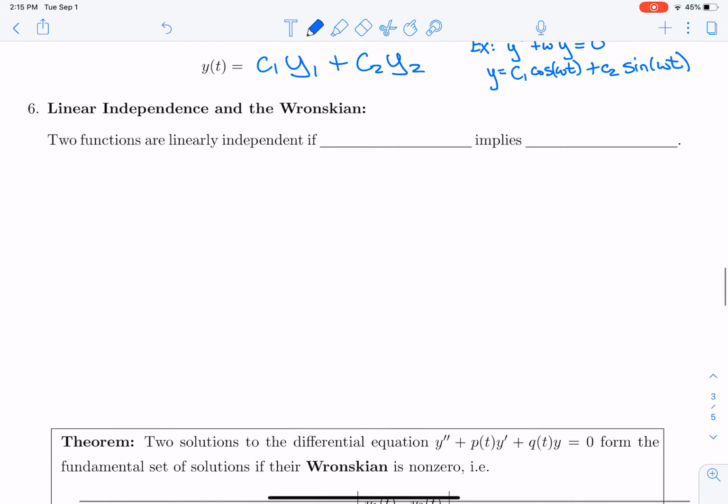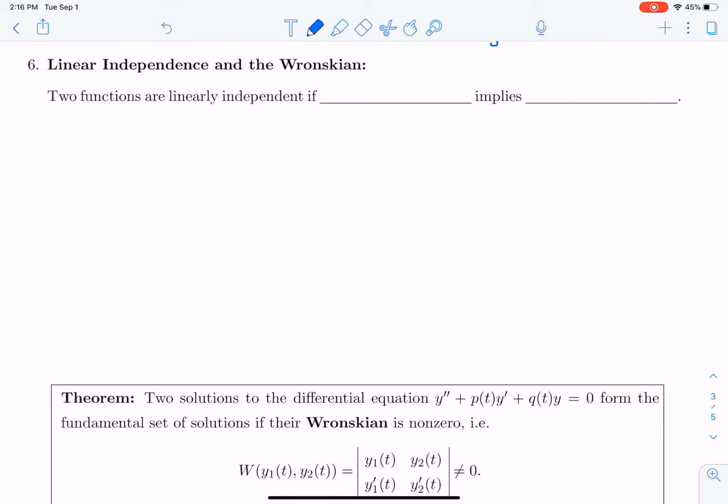Another fact that we will use is that two functions are linearly independent using the definition if c1 times y1 plus c2 times y2 equals 0, that implies that c1 and c2 are identically 0. So the only solution to that equation, if it's that c1 and c2 are 0, then I have two linearly independent vectors.